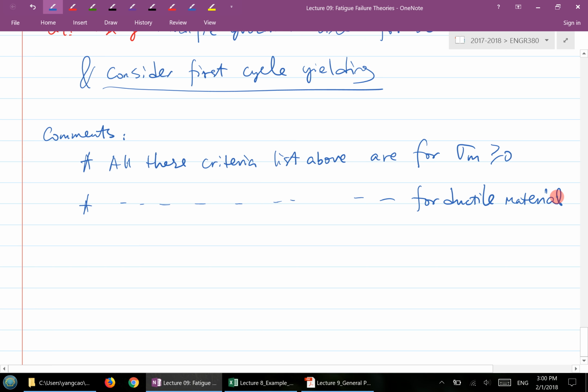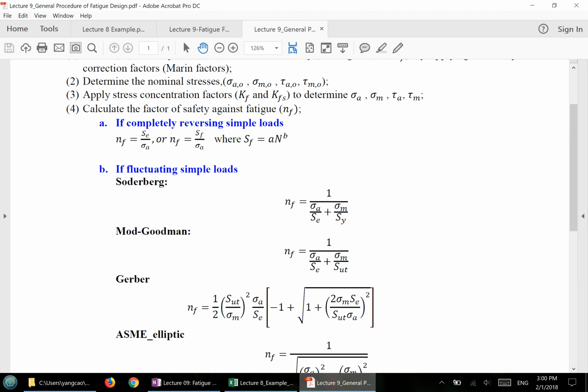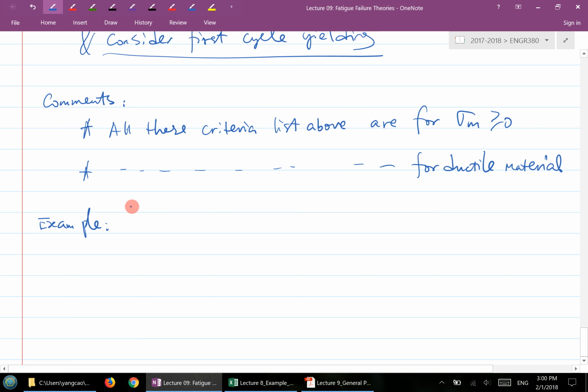So let's take a look at an example. This is a hypothetical example, and the results here are coming from some previous calculation. Let's say we have a steel bar, which is a ductile material, of course.